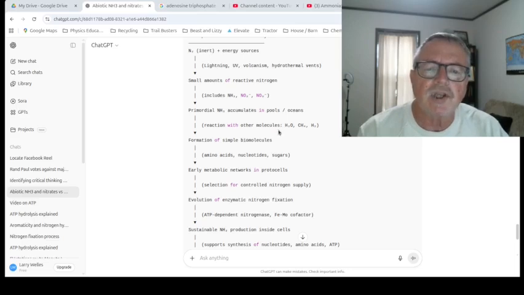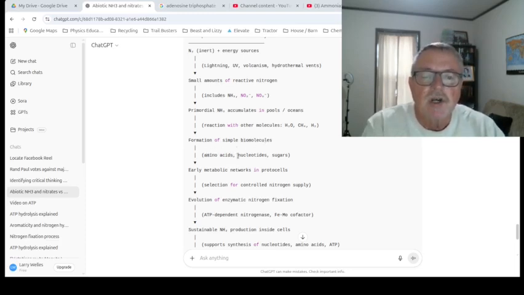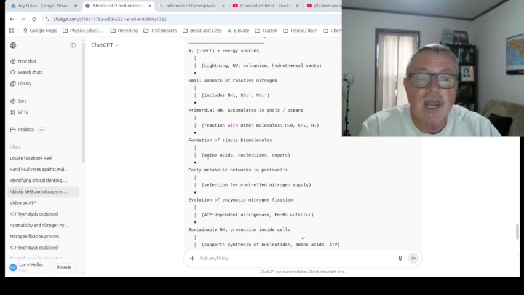Reaction with other molecules: water, methane, hydrogen, formation of simple biomolecules, amino acids, nucleotides, and sugars. And from these components, we can actually come up with the substance ATP, which creates the chemical energy that will allow bacteria to create ammonia.